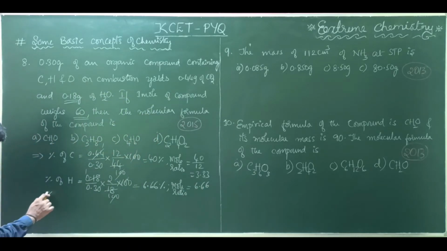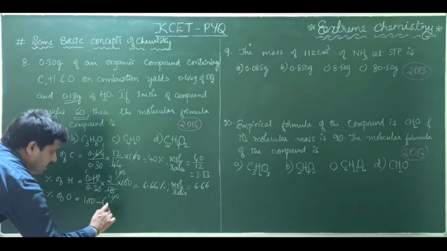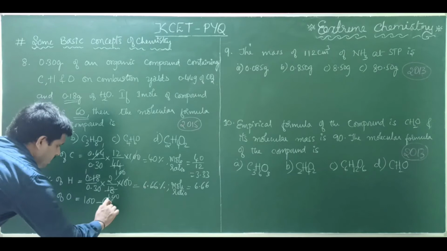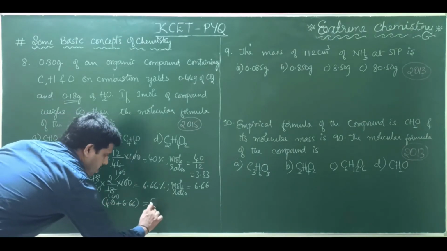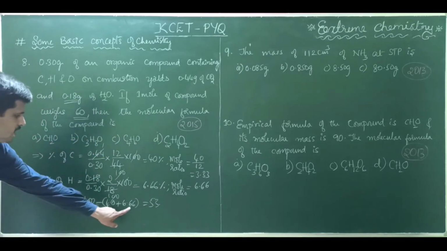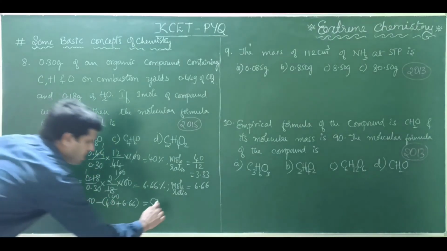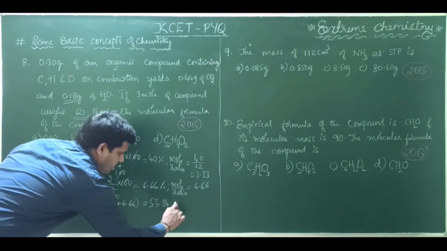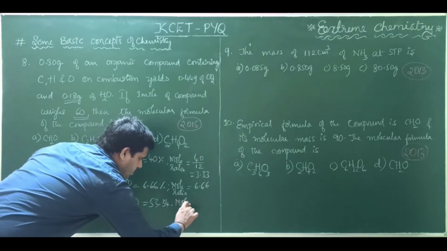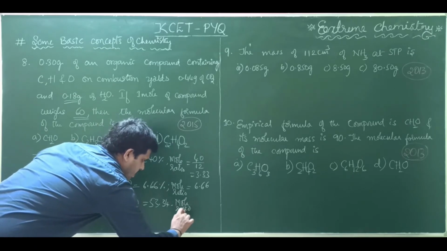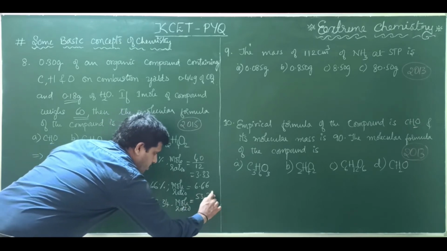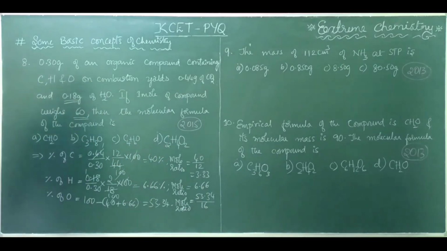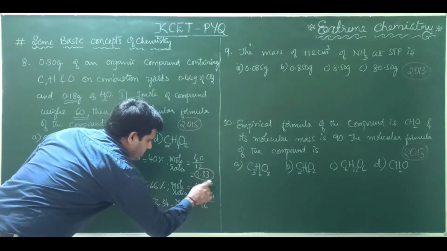Now the remaining is obviously oxygen, right? So 100 minus 40 percent plus 6.66 percent, which is 46.66, gives 53.34. Am I right? So what is the mole ratio for oxygen? Mole ratio is equal to 53.34 divided by the oxygen atomic mass 16, so again it will come as 3.33 itself.